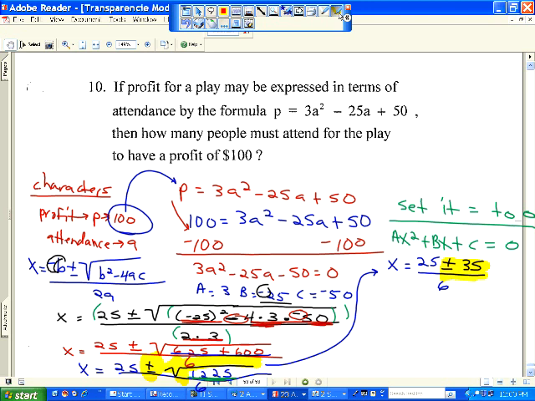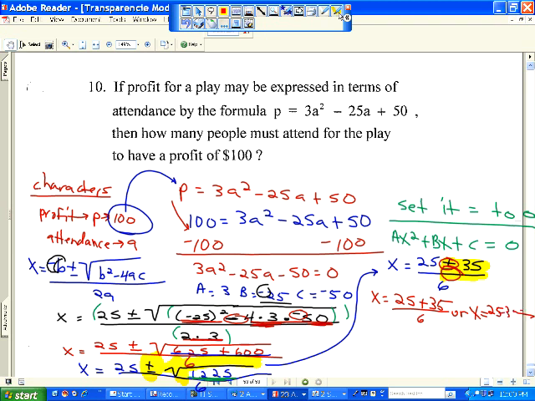So it's not time to do the plus or minus until you get your square root answer, right? That makes sense? Okay, and so we're going to have x is equal to 25 plus 35 over 6, or x is equal to 25 minus the 35.